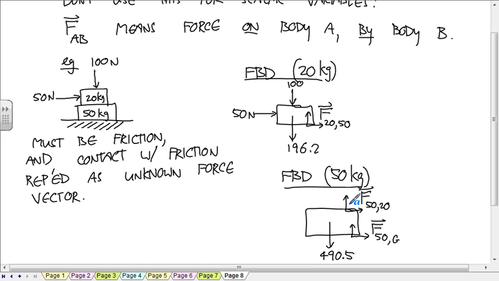Can you remind me again why we don't know the direction of the normal forces? Because there's friction. I mean, we do know the direction of the normal force. Remember, the normal force is just the component of that force that's perpendicular to the surface. We do know the direction of that component, but we don't know the relative magnitude of the friction force.